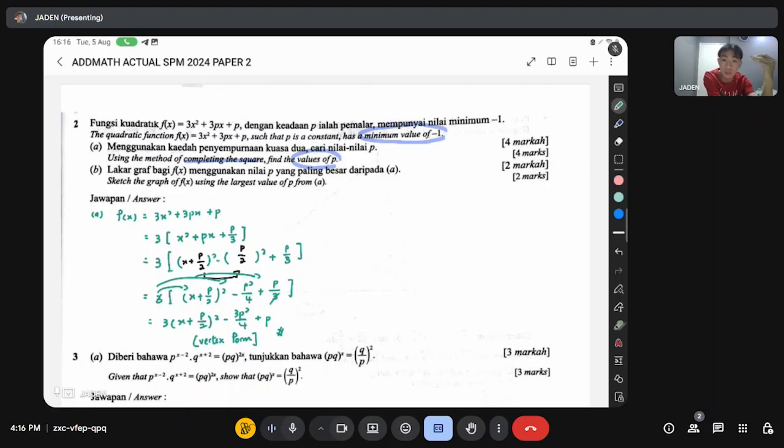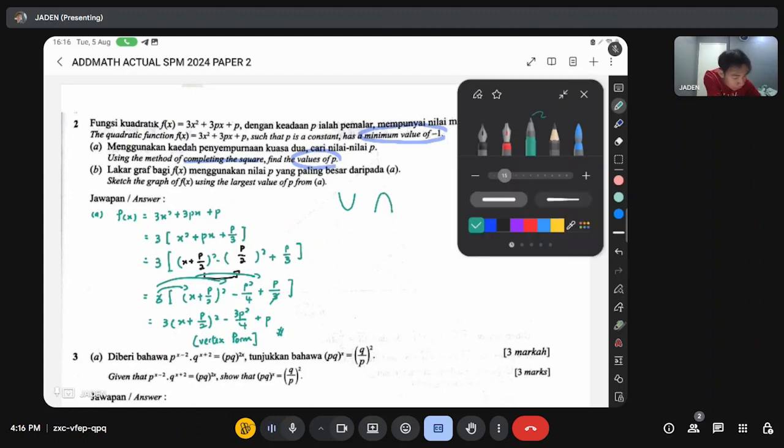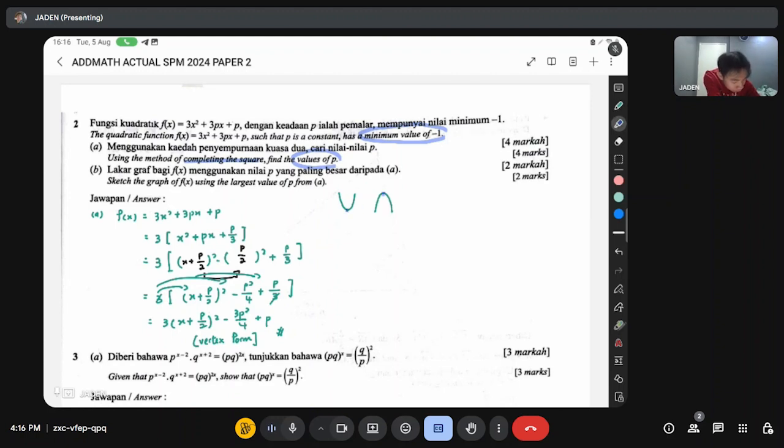Vertex form gives us information about whether the curve is a smiling or sad face, and then at the bottom or top here, we call this the maximum point or minimum point. Of course, maximum point has an x and y. Minimum point also has an x and y.